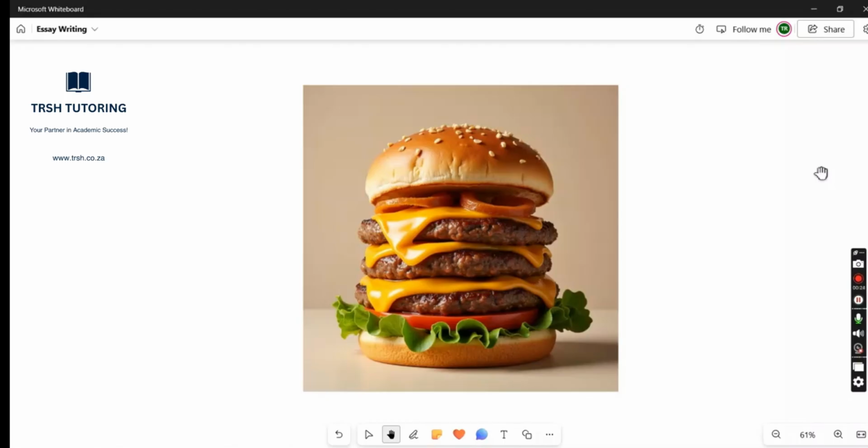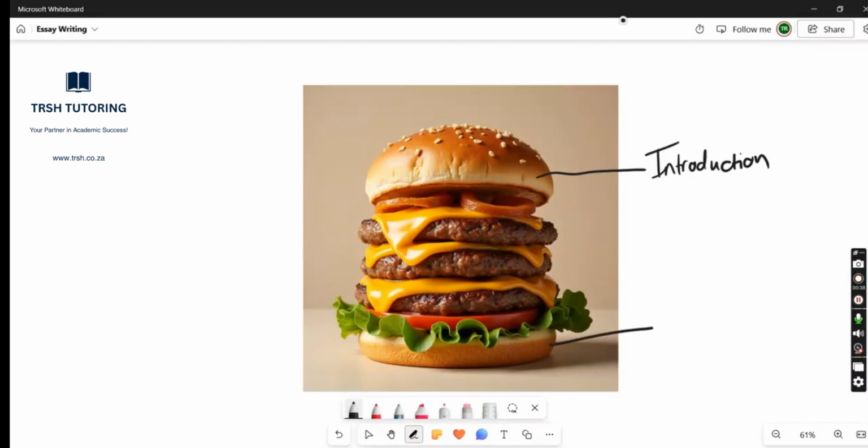It looks so delicious. So the analogy behind this is the fact that your top bun should essentially be your introduction, and then your bottom bun would be your conclusion. And then we have three bodies, okay? So let's say we take this filling over here, that would be body paragraph 1.